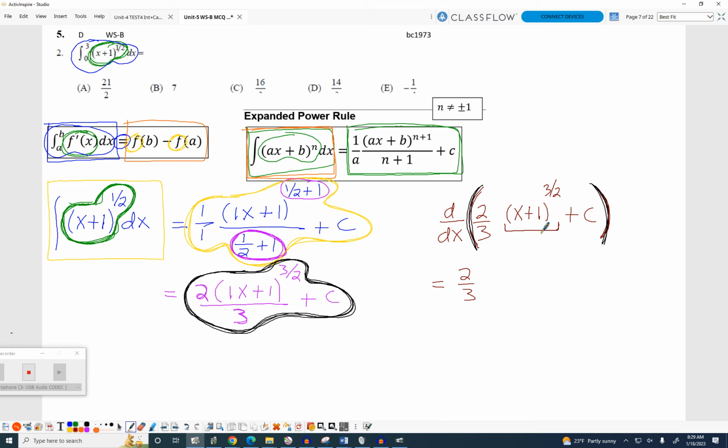How do I write the derivative of that, Ella? 3/2 the power of x plus 1. So what's the new exponent? It's just 1/2. There we go. Because you take 3/2, subtract 1. Then you multiply by d over dx of the x plus 1.